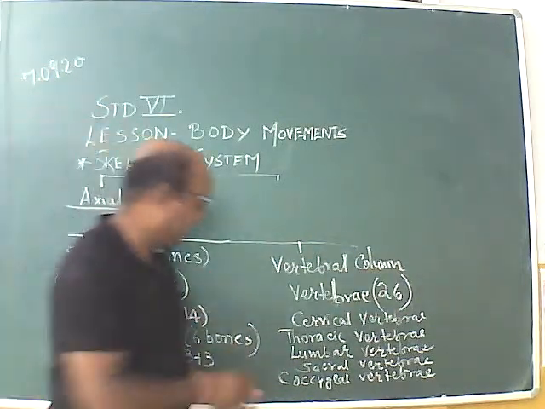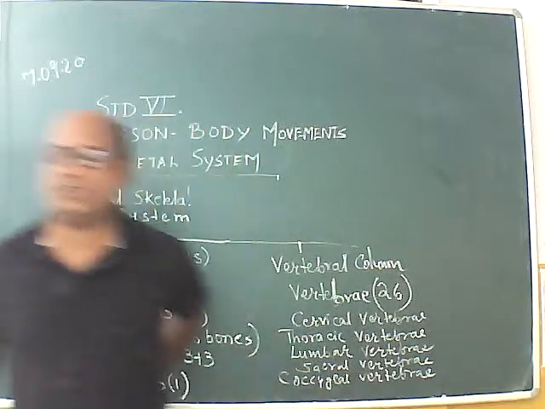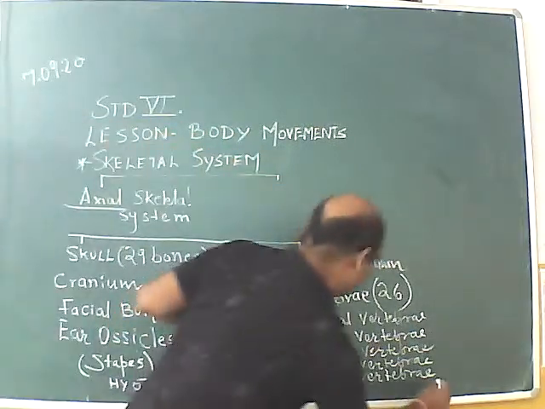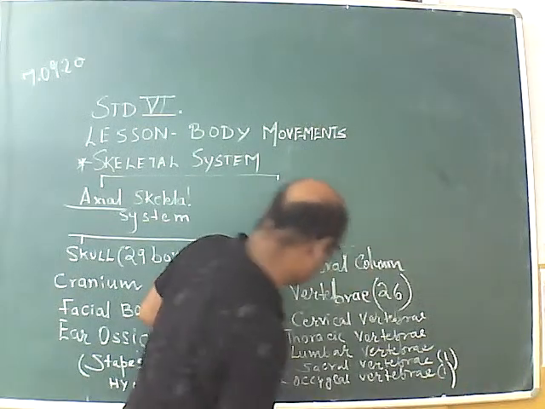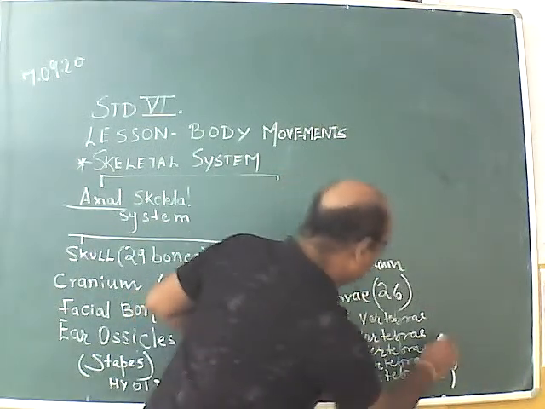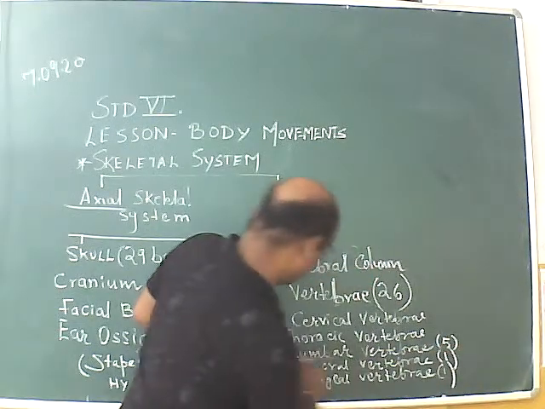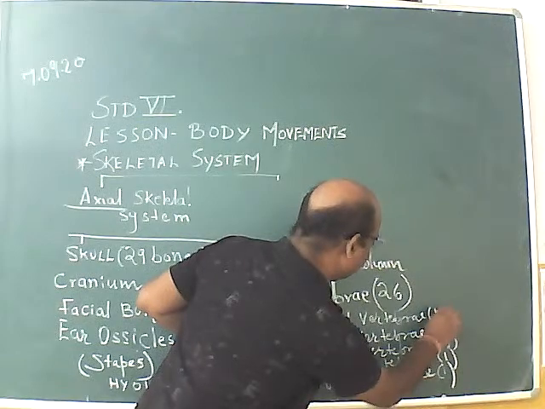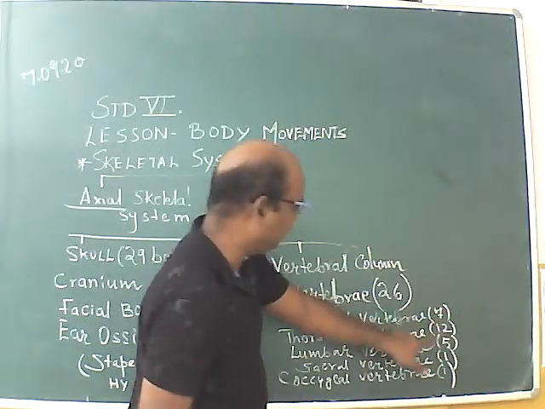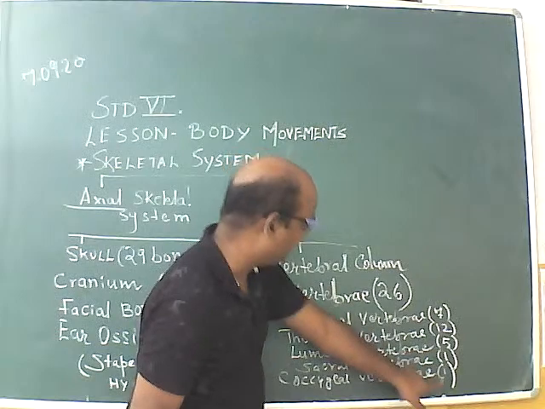Out of that, the last one, coccygeal vertebrae, is one. Above that, sacral vertebrae is also one. Then lumbar vertebrae is 5 in number, thoracic is 12 in number, and cervical is 7 in number. 12, 7, 19, 24, 25, 26.